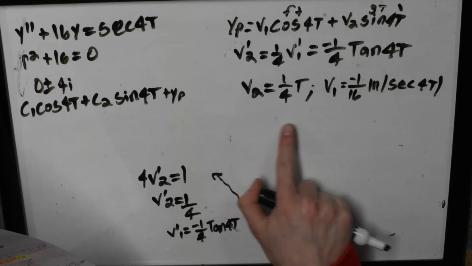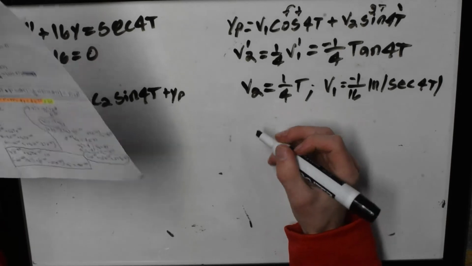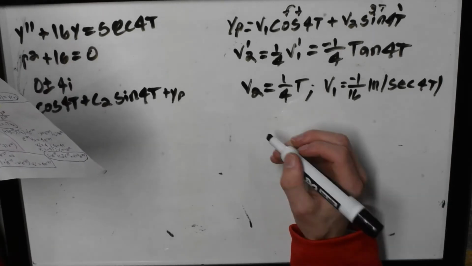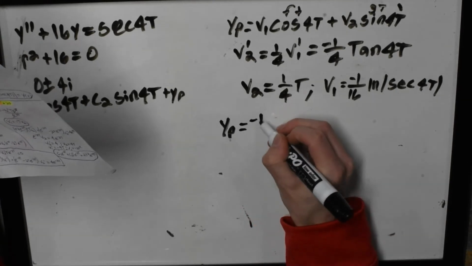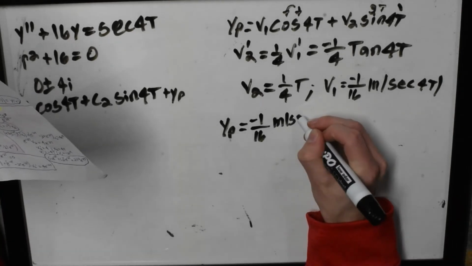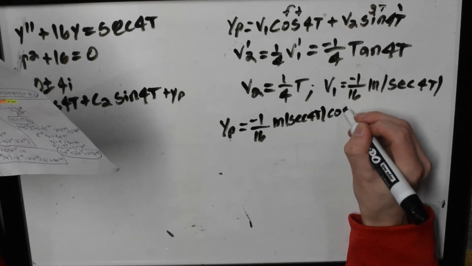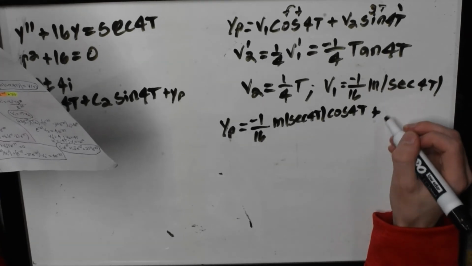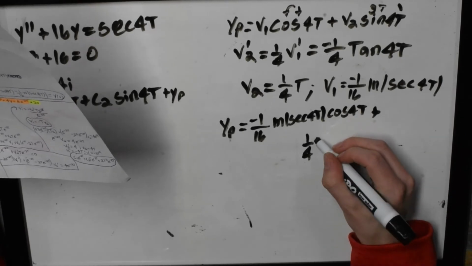So now we have v1 and v2, and that's great, because now we have our particular solution. So to solve here, we have to plug in v1. So the particular solution is equal to negative 1/16 ln secant 4t times cosine 4t plus 1/4 t sine 4t.